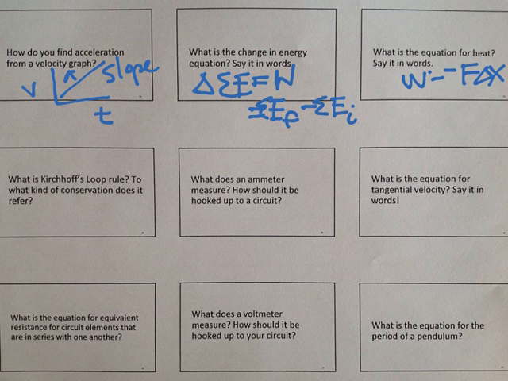Kirchhoff's loop rule, so this is the voltage rule. It's the idea that the voltage of one whole loop minus the voltage from each resistor will always equal 0. And so this is conservation of energy.